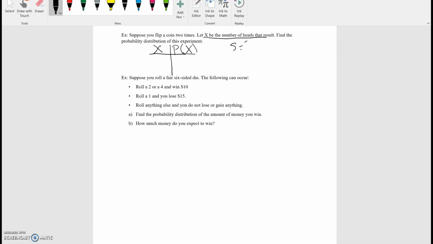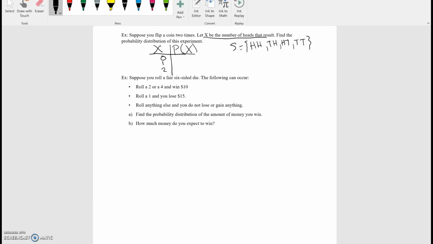I can get a head and a head, a tail and a head, a head and a tail, or a tail and a tail. So I can get no heads, 1 head, or 2 heads. Can I get 3 heads? No, I only tossed it twice, so there's no way.